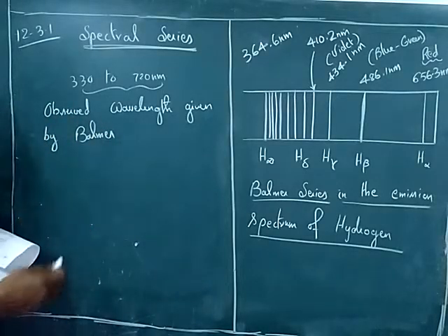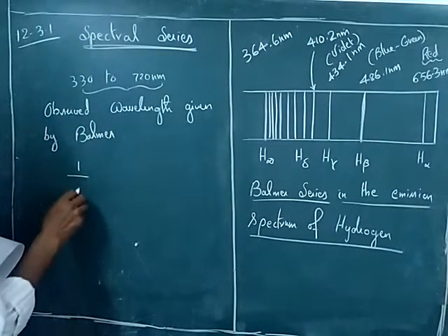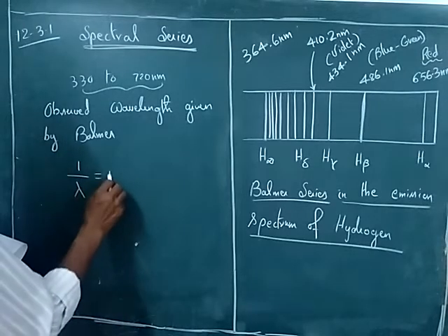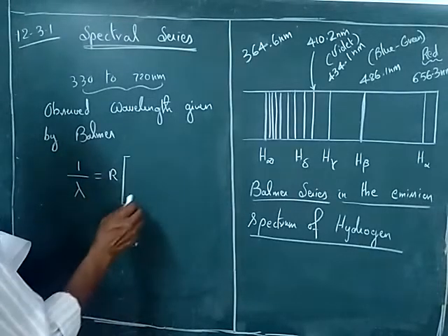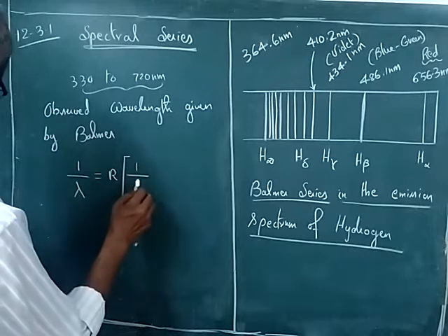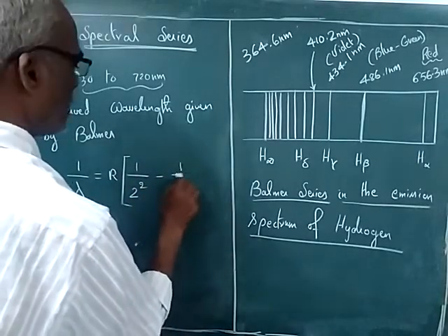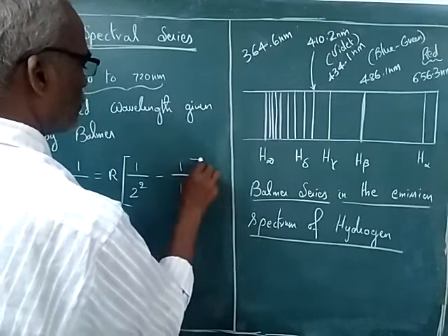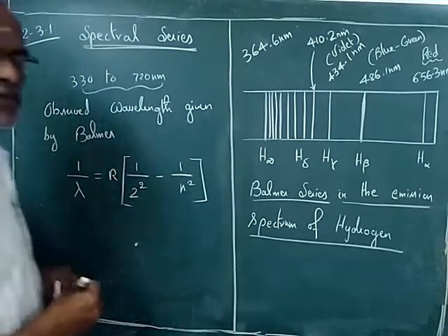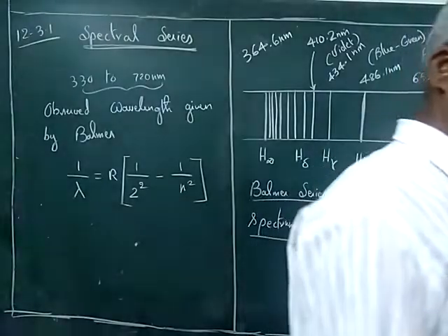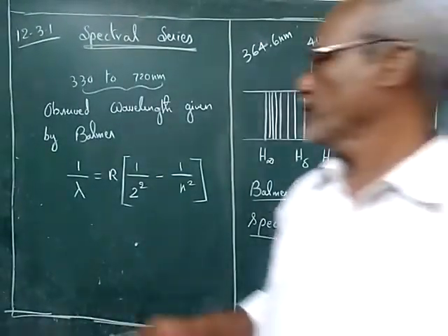This is only an empirical formula. 1 by lambda is equal to R into 1 by 2 square minus 1 by n square. So this is the empirical formula given by Balmer.